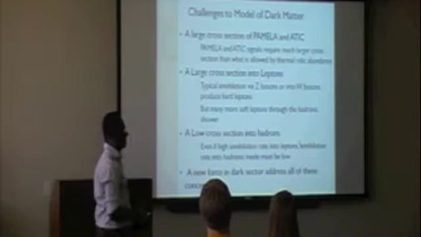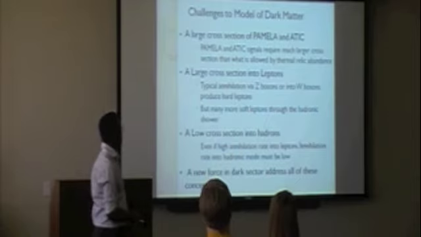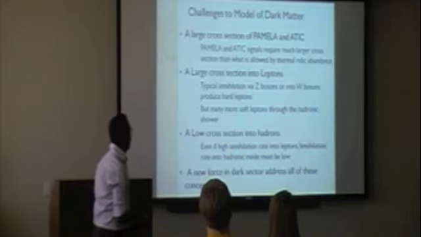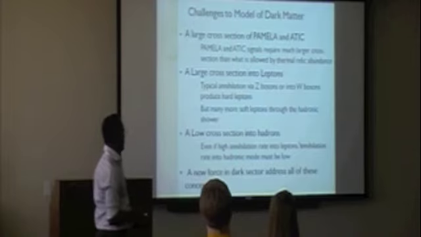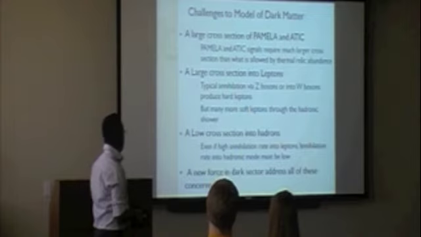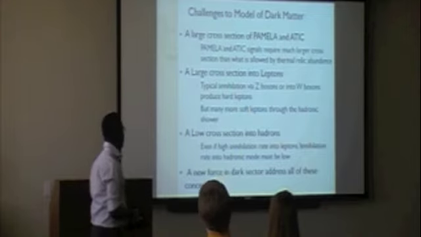Typical annihilation via the Z boson gives very few hard leptons, and annihilation into W bosons produces some hard leptons, but many more soft leptons are produced through the hadronic shower. Also, even with a high annihilation rate into leptons, the annihilation rate into hadronic modes must be very low.